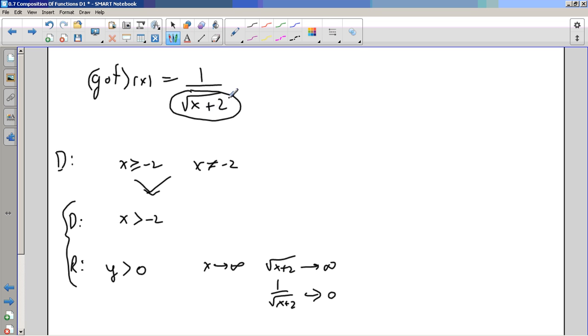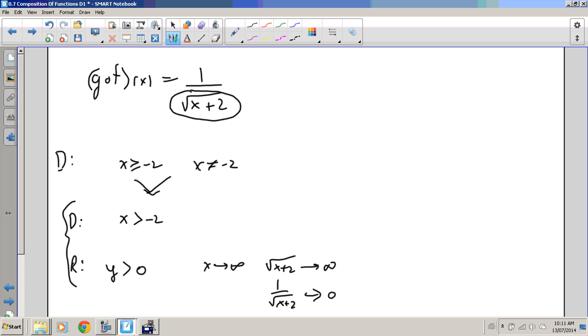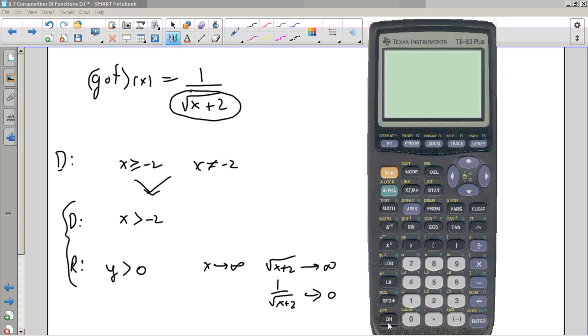A perfectly acceptable solution in homework tomorrow in class would be for you to grab a graphing calculator, and notice I've got my graph, and 1 over y1 is 1 over the square root of x plus 2. And if I graph this, I see that x has got to be greater than -2.